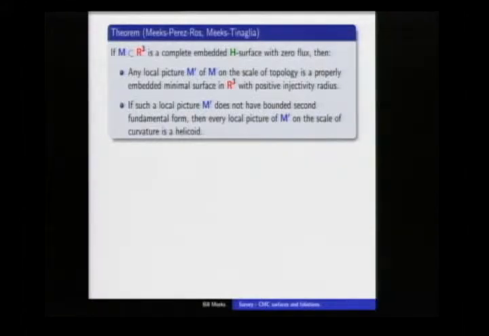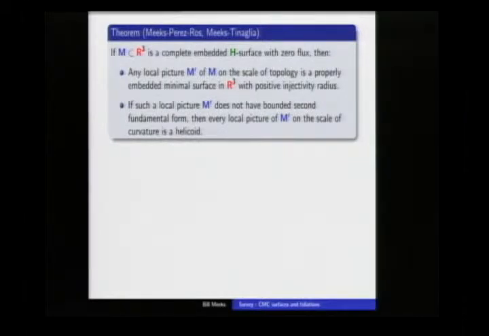That you get certain kinds of limits. You can get a properly embedded minimal surface in R3 with injectivity radius function bigger than or equal to 1 at the origin. Or you might get a parking garage structure limit. Or you might get this weird singular lamination limit.